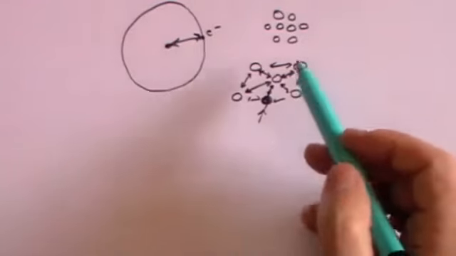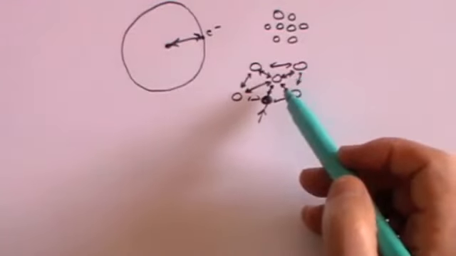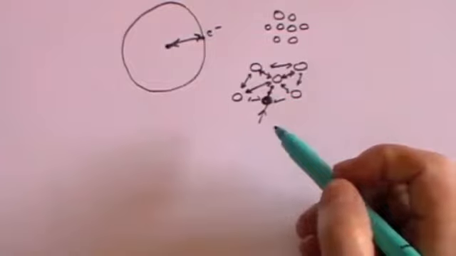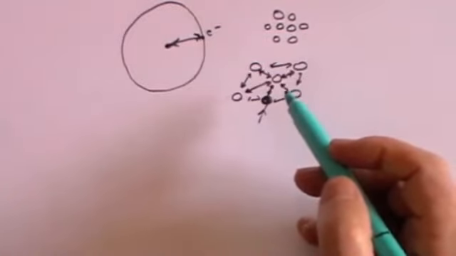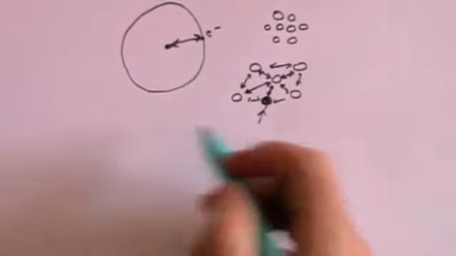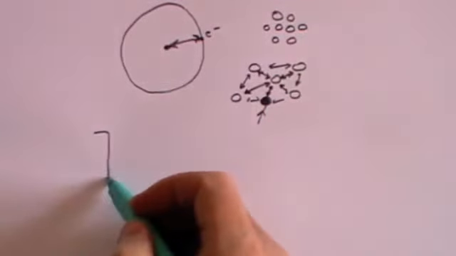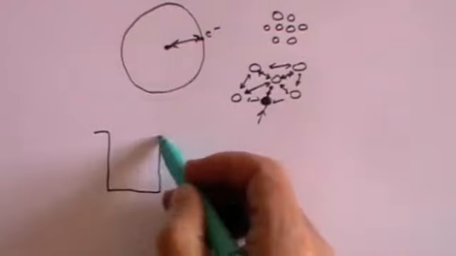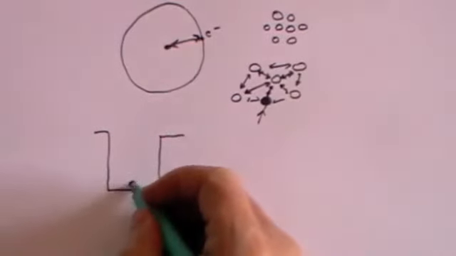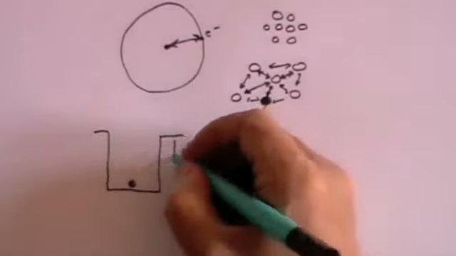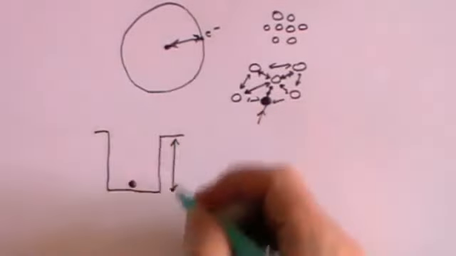And if we are arguing that the strong nuclear force, which is a force operating between each of the nucleons, is a binding force, it has to be because it's got to hold the nucleus together, then essentially we can regard this nucleon as being in a potential well. Here is the potential well, there is the nucleon sitting at the bottom of it, and that's, as it were, the binding energy.